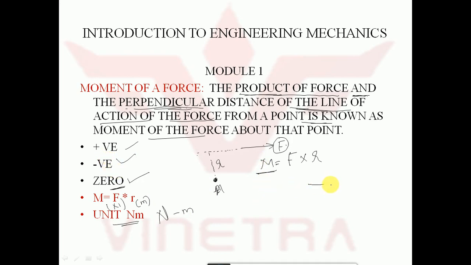For example, this is the force F acting in the right hand side direction. If I want to know the moment about point A, this is its perpendicular distance R. If I fix it here and I rotate this force, if this force starts to move in this direction, since it is fixed here, it starts to rotate in this clockwise direction.